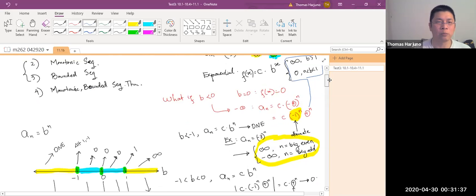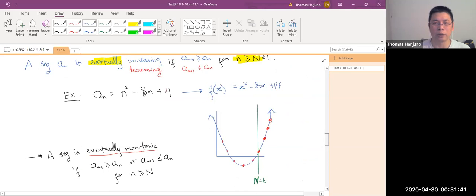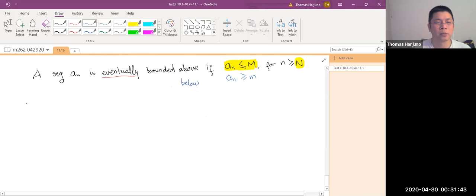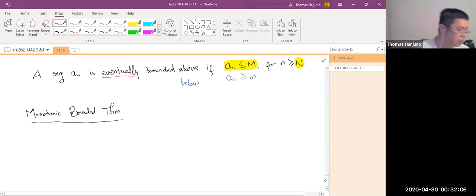Our textbook calls it the monotonic bounded theorem. It says the following. Let me state the theorem from our textbook first.